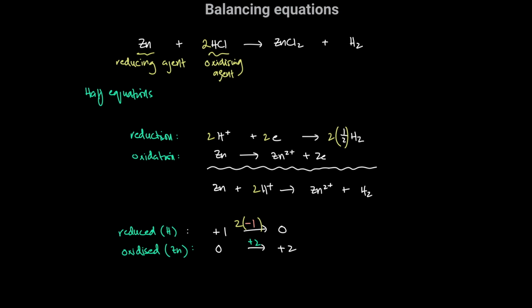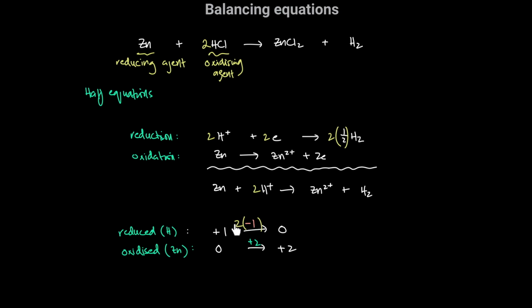Over here, this is the same idea as we had with the half equations. Zinc is losing 2 electrons, so the oxidation number is changing by +2. Each H plus just gains a single electron. If zinc is losing 2 electrons, we need to gain 2 electrons. So each H plus is gaining a single electron, which means the oxidation number of each H plus is changing by -1.